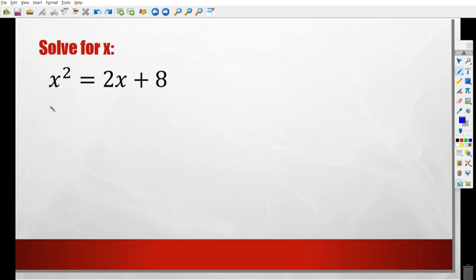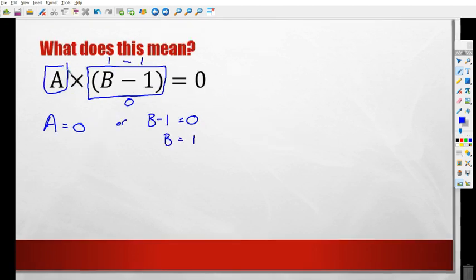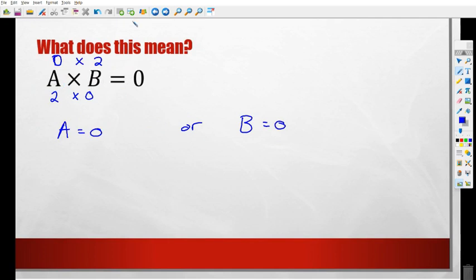Fantastic. Now I'm going to take everything across, because I know that quadratic equations always have something on the left equals 0.